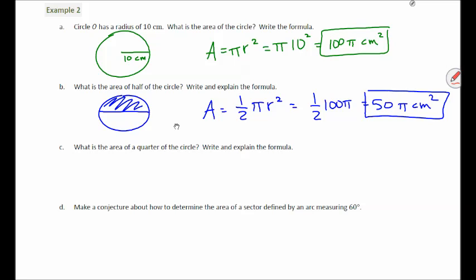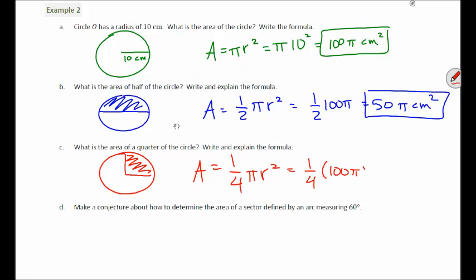What is the area of a quarter of the circle? So here's my circle. Here's a quarter of the circle. And this area would be 1/4 pi radius squared, which is 1/4 of 100 pi, which would be 25 pi centimeters squared.